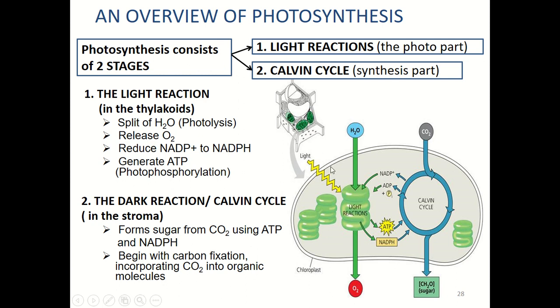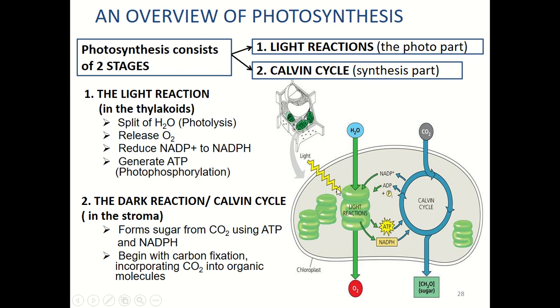So this is the summary of the photosynthesis process, in which the light reaction happens in the thylakoid. Meanwhile, the dark reaction, or the Calvin cycle, happens in the stroma, the space inside the chloroplast. What will happen?